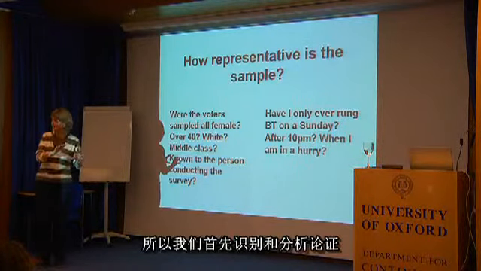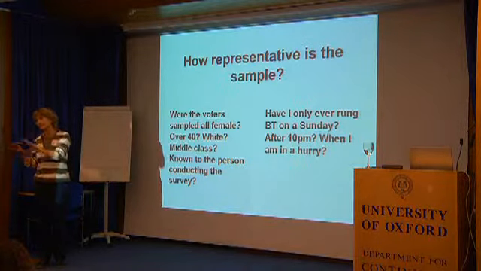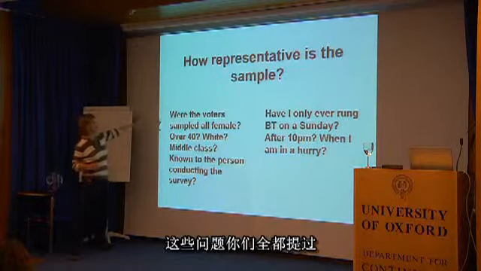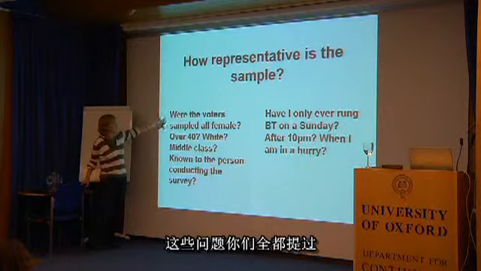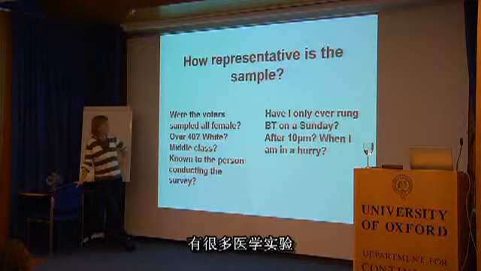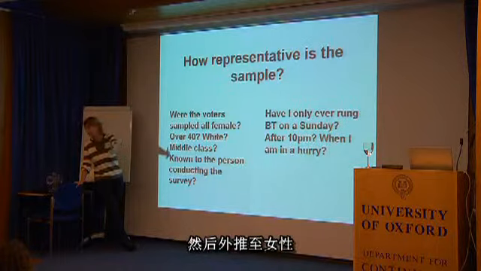Again, as with first, you identify the argument and analyse it, then you evaluate it. You don't try and do both at once. So here, again, you've got all these. Were the voters sampled all female? Well, there are a lot of medical experiments or medical surveys that look only at men and then extrapolate the results to women.